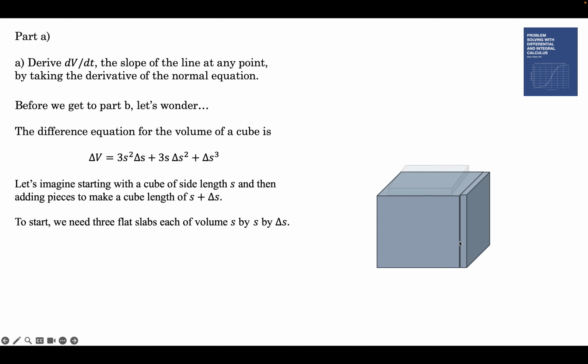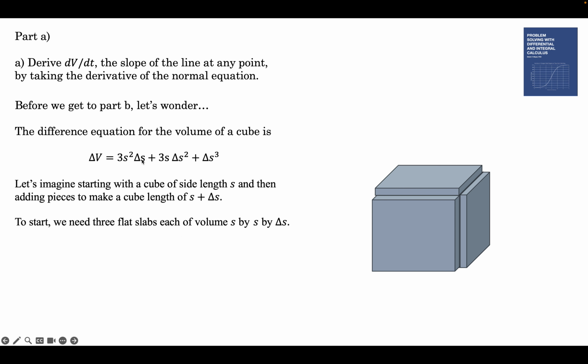So here's one, there's another, and there's another. Each one of these slabs has a volume of S squared delta S, and that's where the 3S squared delta S comes from.